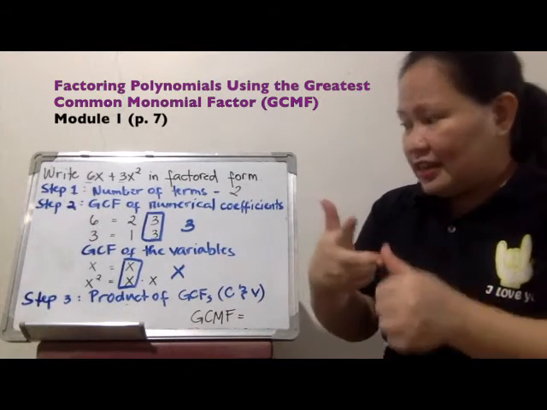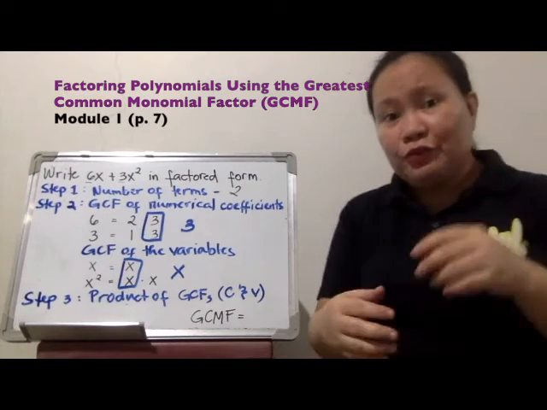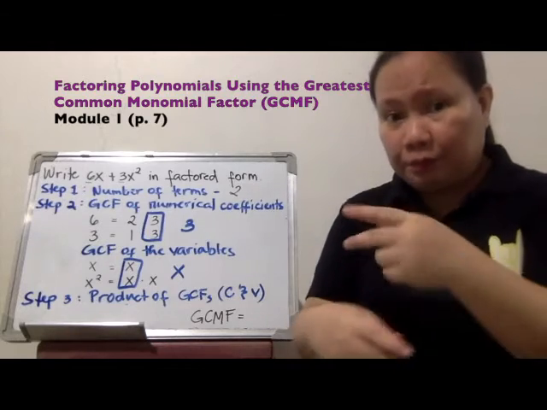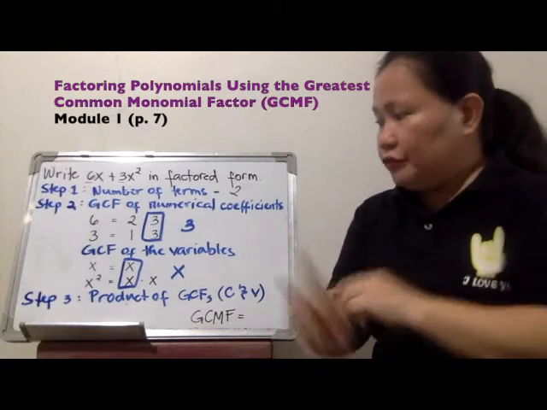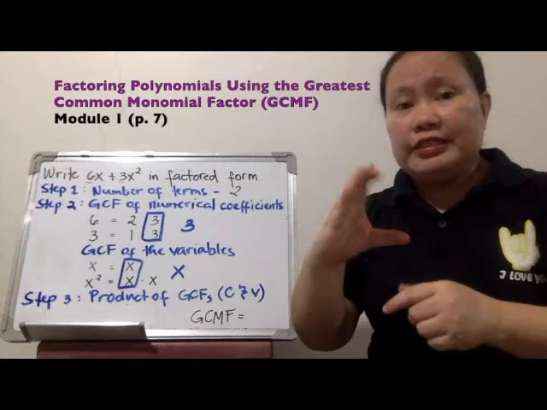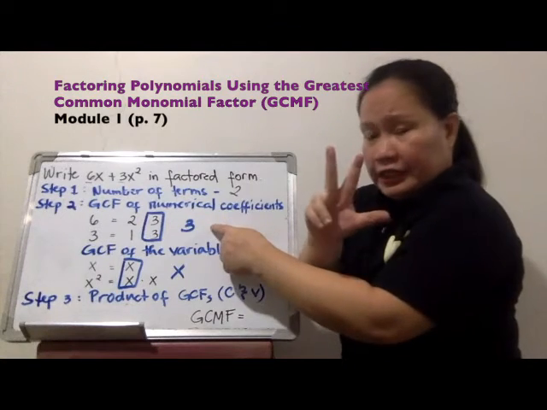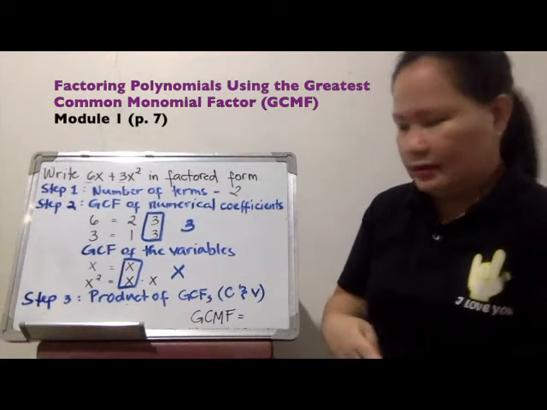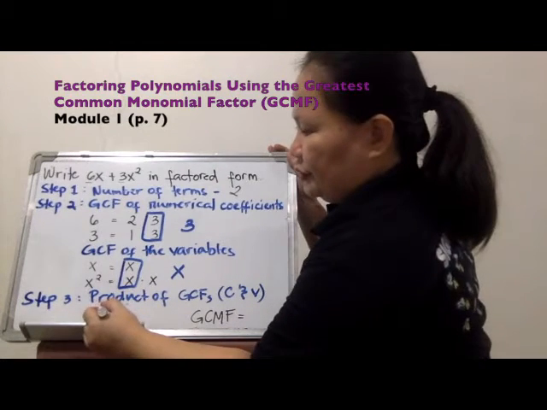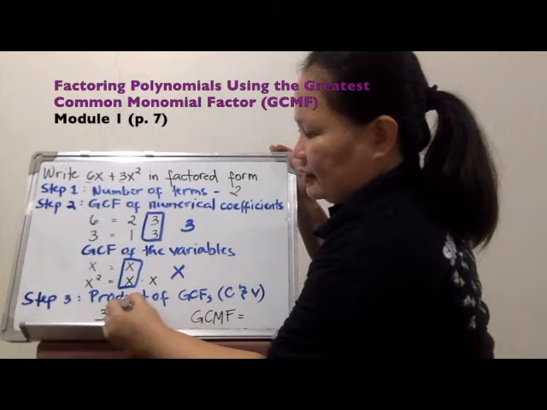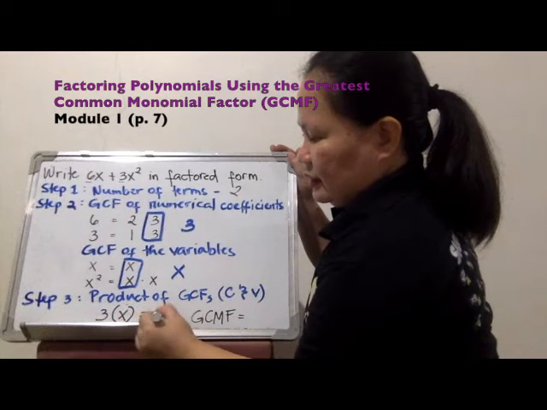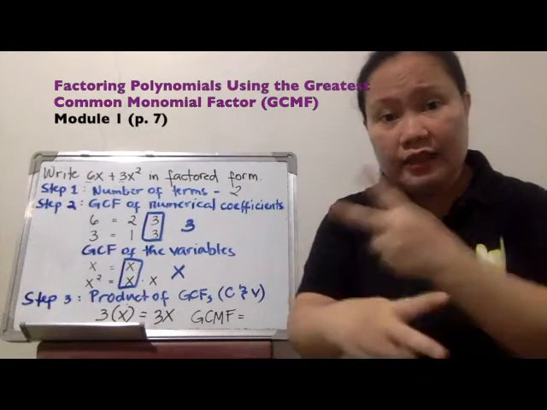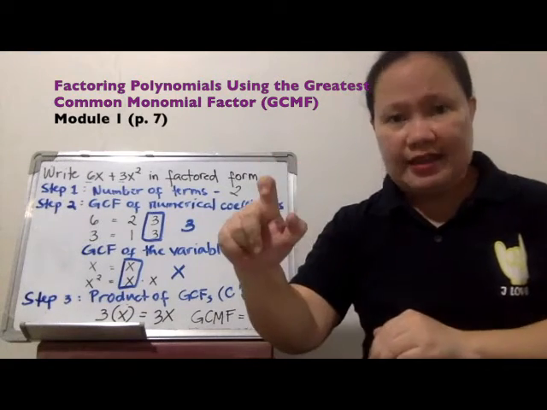So the third step, we have to multiply or find the product of the 2 GCFs, the 3 and the x. So we have to multiply it. 3 times x equals 3x.